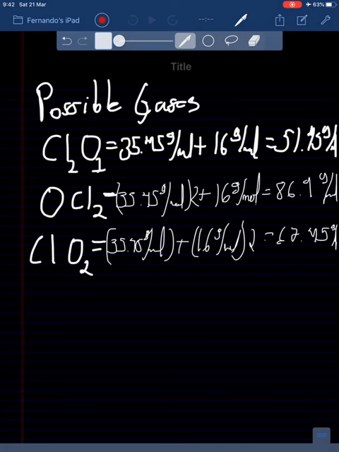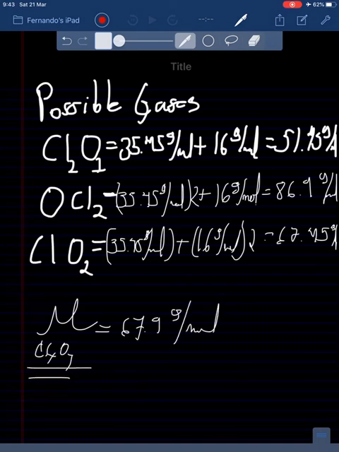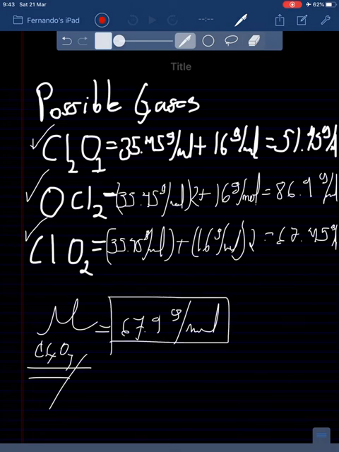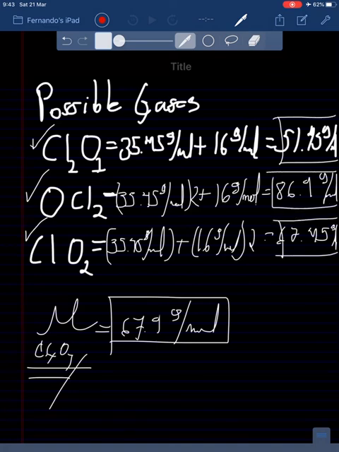So the result that I get for my mysterious molar mass of ClXOY, just by using the ideal gas model, is 67.9 grams over mole. I don't know the identity of this one, but I can propose that I might have this one, this one, or this one. How am I going to know? By comparing the ideal gas model result with the known masses of the compounds that I am proposing.